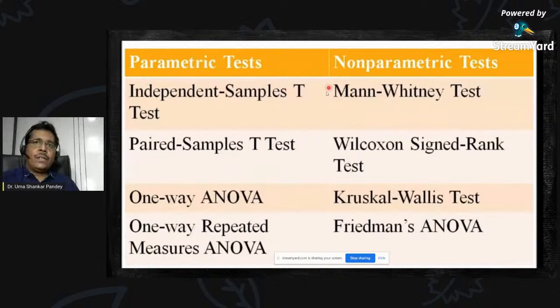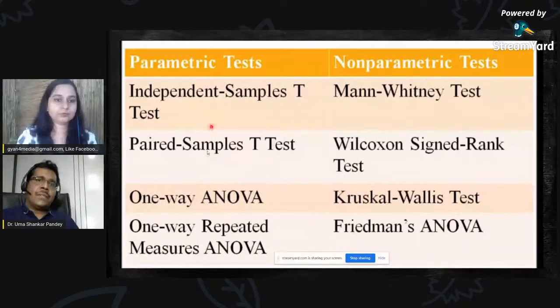If you have a non-parametric case for t-test, I just told you t-test, we are trying to find out whether the difference in means is significant. So when we have a non-parametric analogous test, we go for the Mann-Whitney test. The paired samples t-test is a parametric test. A similar test for non-parametric would be Wilcoxon signed rank.